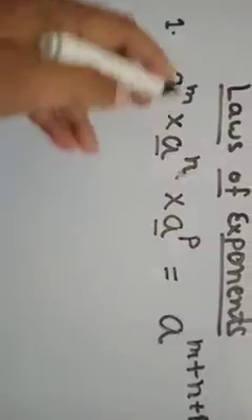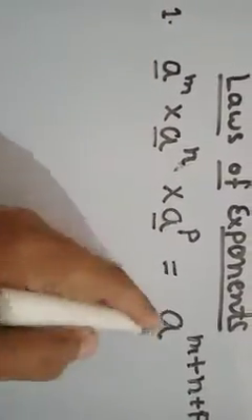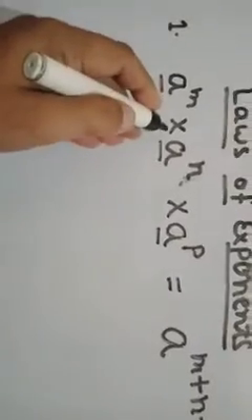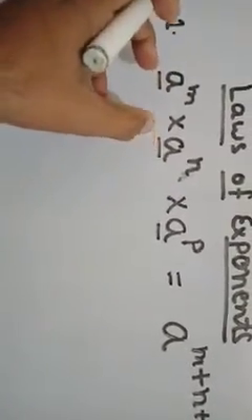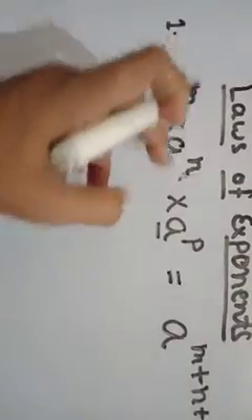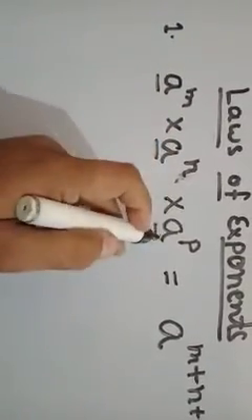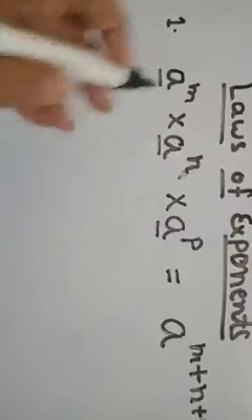Here the number of powers we have to add by taking a common base. In the product law of exponent, whenever two or more exponential forms are in product form but have the same base, we have to add their powers.